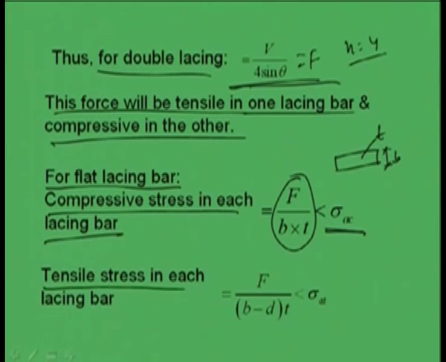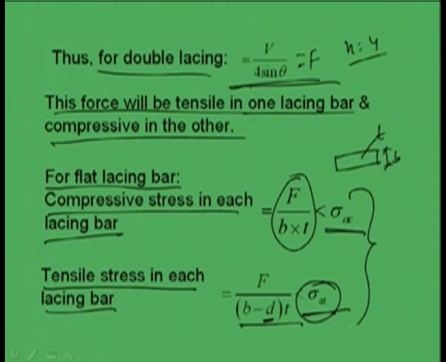Similarly, the tensile stress in each lacing bar will become F by (B minus D) into T, and it should be less than sigma AT, where B is the width and D is the diameter of the rivet. That is why the net effective area will become (B minus D) into T. These two checks we have to do while designing the lacing system.